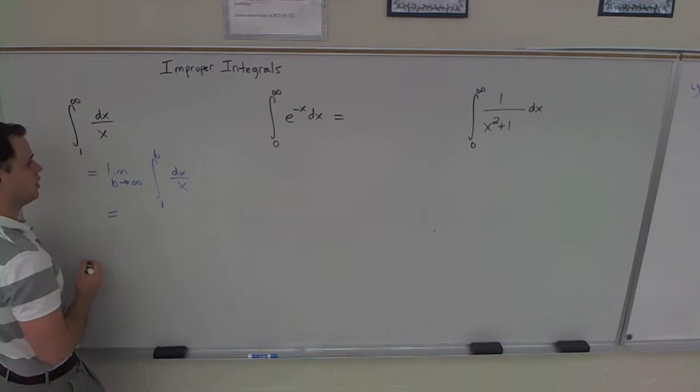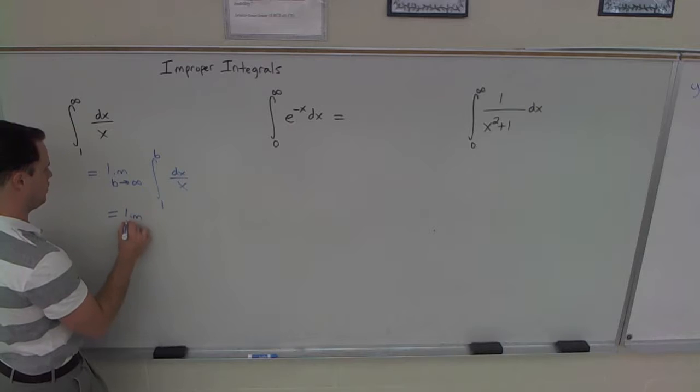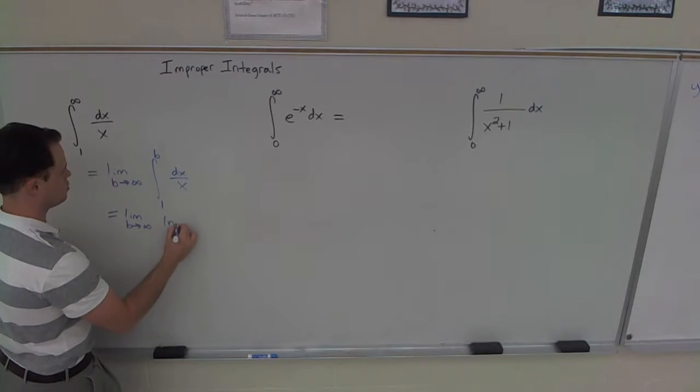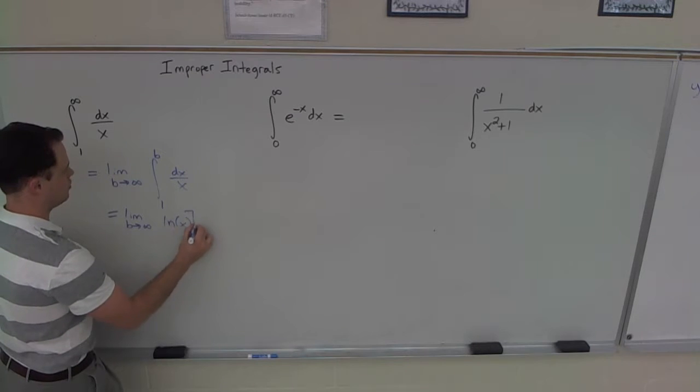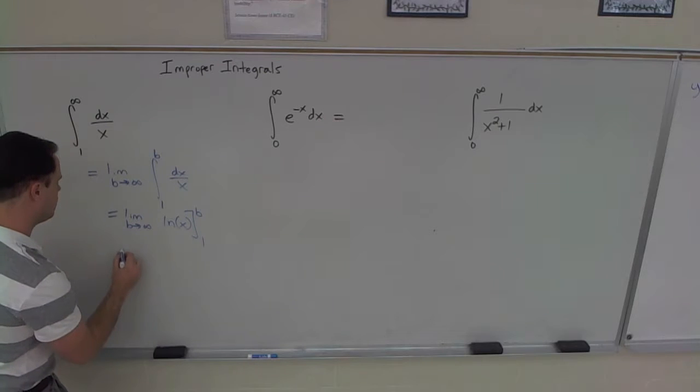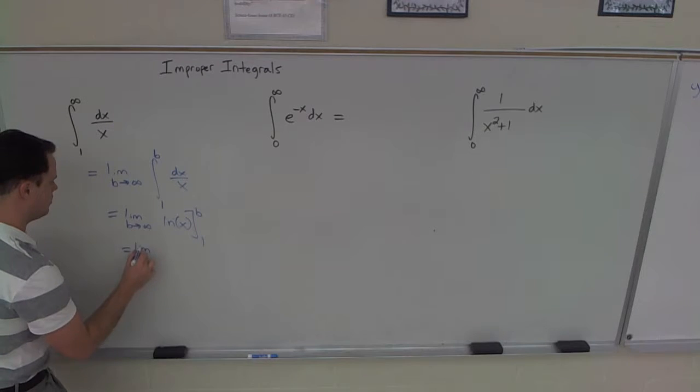So what does this integral actually evaluate to? Well, that part's easy. You know this integral. The integral of 1 over x is, of course, the natural log of x, evaluated from 1 to b with the fundamental theorem. Notice I haven't touched the limit at all yet.